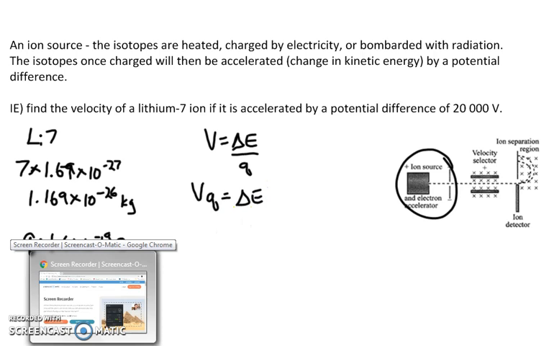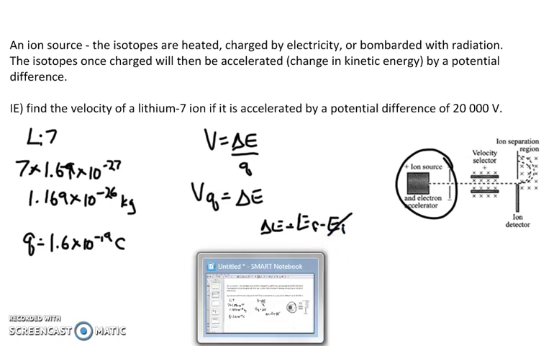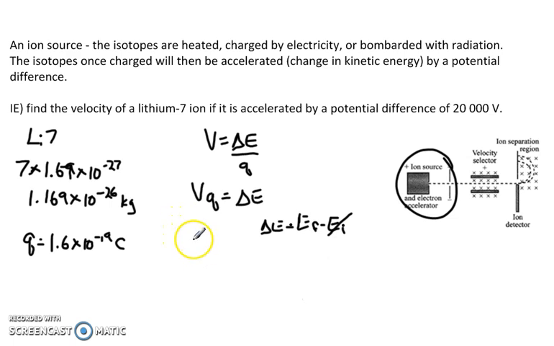Now, the change in energy is basically the final energy minus the initial energy, but we are assuming that they are coming from rest in this area, which means that we can essentially just go VQ is equal to 1/2 mv squared, where this velocity is your final velocity.